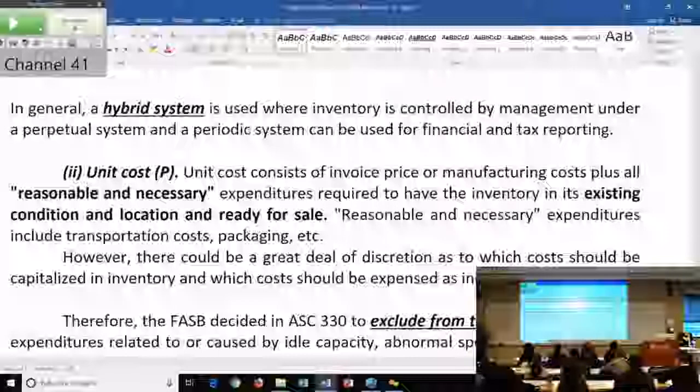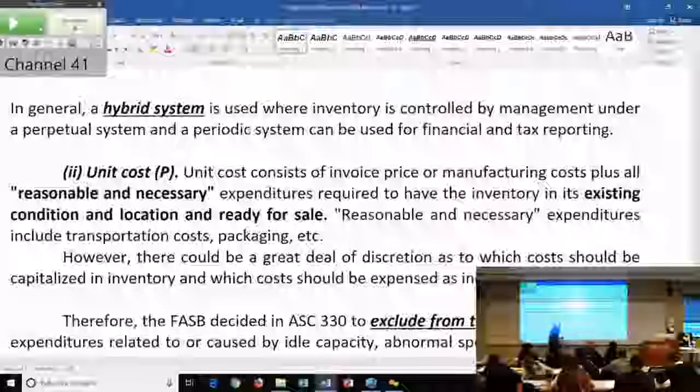The unit cost or the unit price. So we know that the cost, and this is going to be similar for a lot of other assets, it's going to be the invoice or production cost plus, that term is important, what we call reasonable and necessary expenditures to have the item in its existing location and ready for its intended use.